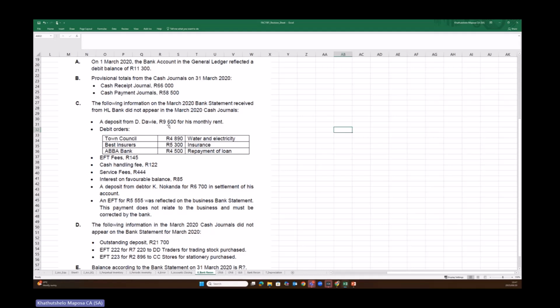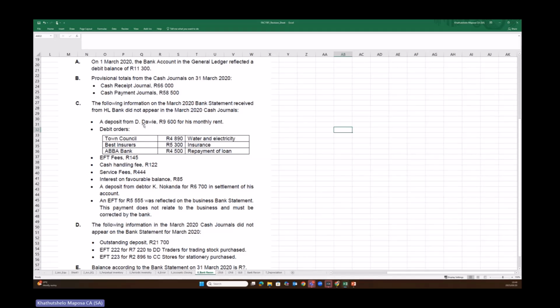It means cash receipt journal and cash payment journal. Then it means all these transactions under C, we're going to record them on the cash receipt journal. Because why? These are legitimate transactions that went through our bank account, but we did not record them in our cash receipt journal and cash payment journal, and now we have to record them.